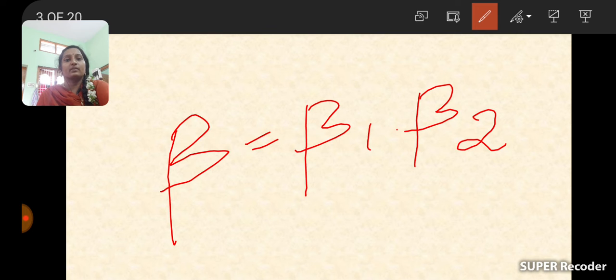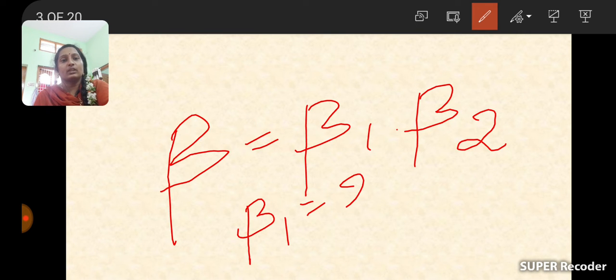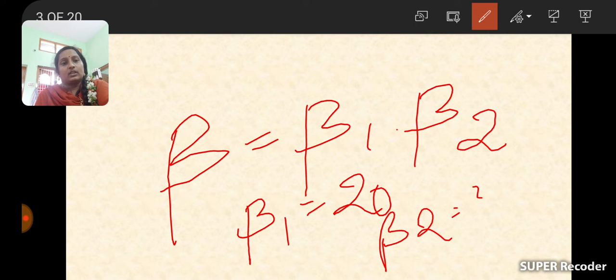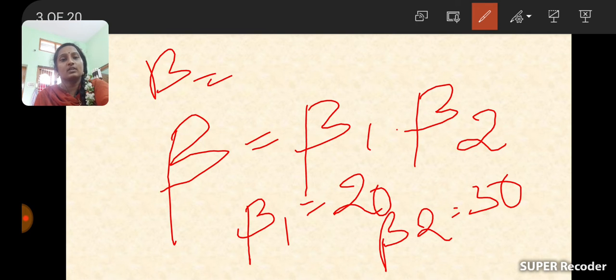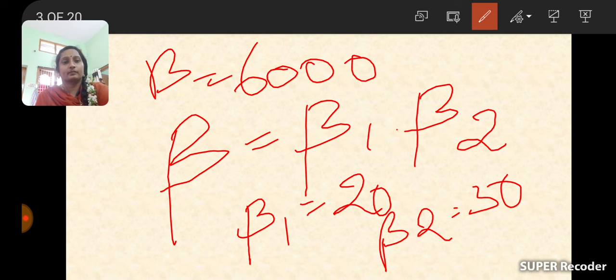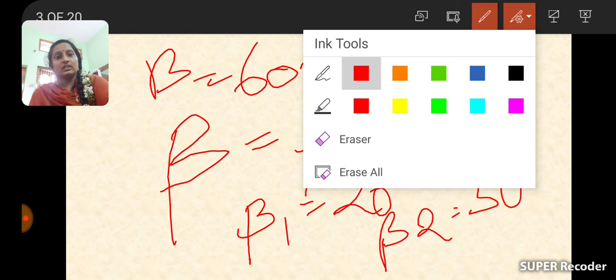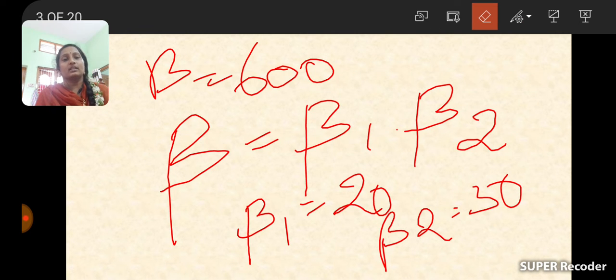For example, if the individual transistor gain beta 1 is equal to 20 and beta 2 is equal to 30, what would the final gain become? Beta is equal to 20 into 30, that becomes 600. In this way the gain is increased many times compared to the individual stages.